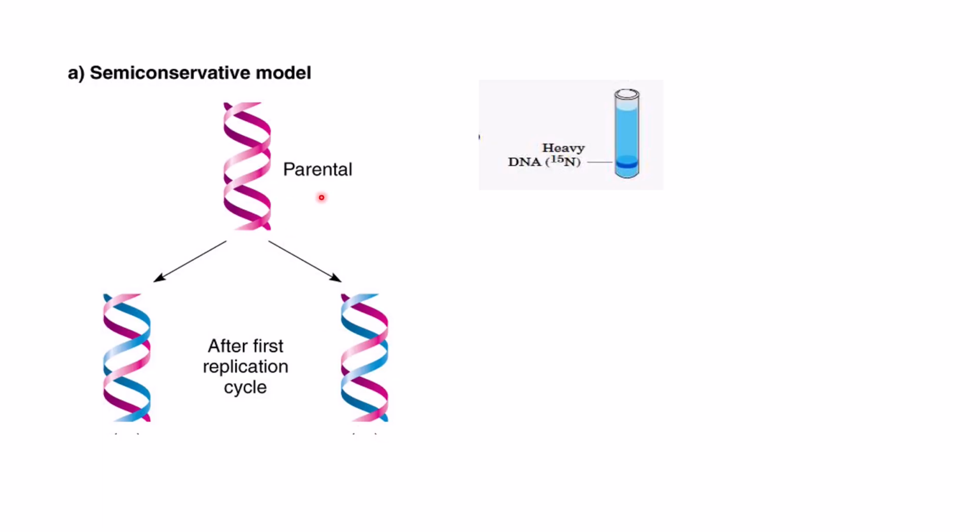Mind well, the parental DNA here is N15 DNA and the daughter DNA here is N14 DNA. So if we take these DNA duplexes now and carry out density gradient centrifugation, you should be getting one single band of that of the hybrid DNA, which coincides with the densities of N14 and N15 DNA, which is intermediate between N14 and N15 DNA.